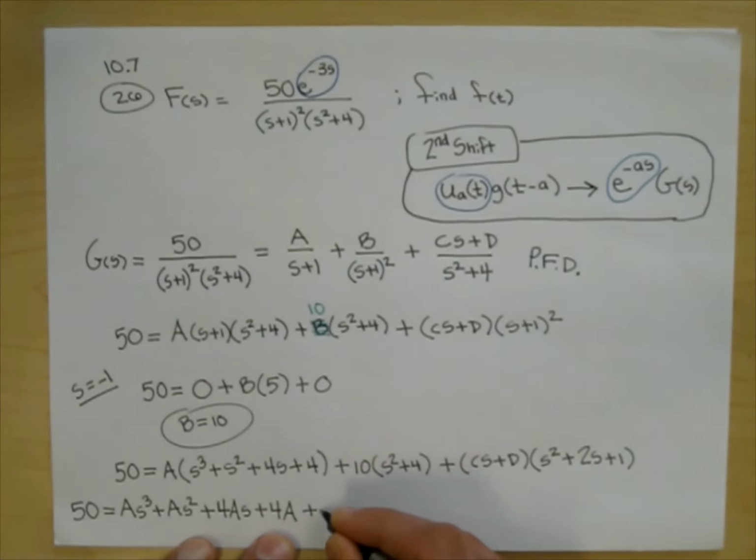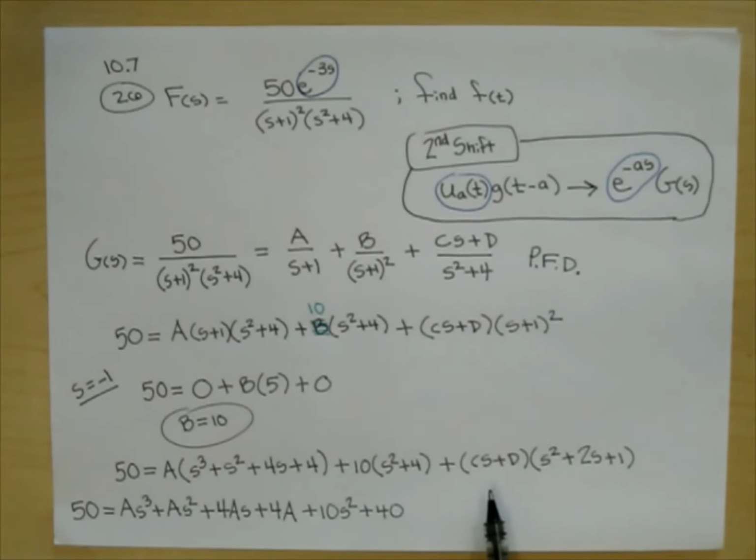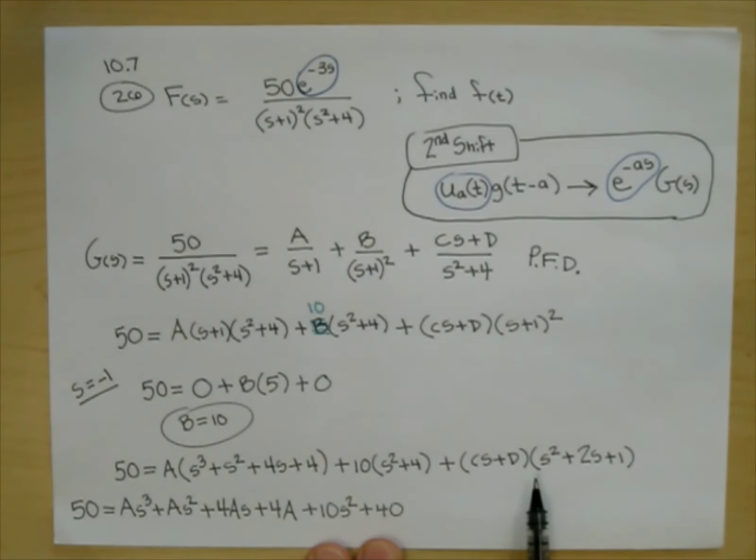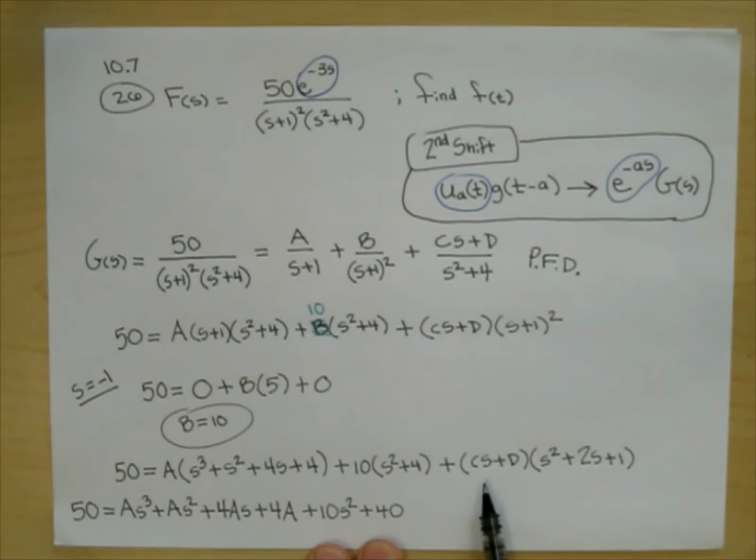So this gives me 10s squared plus 40. Well, this one's going to be fun. This is a binomial times a trinomial, so there's going to be 6 terms. I'm going to multiply through here.